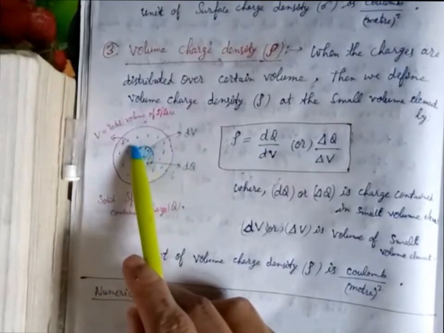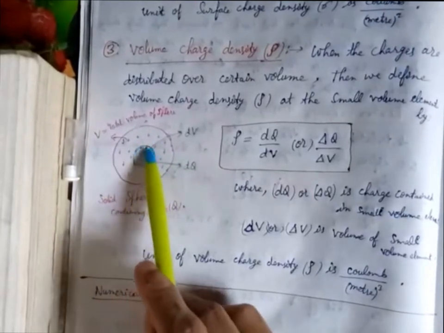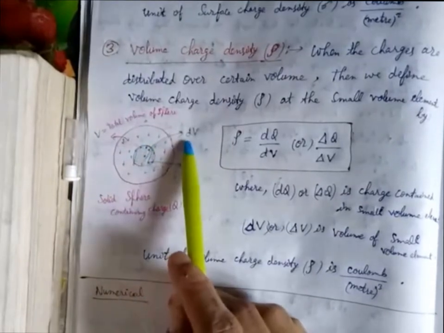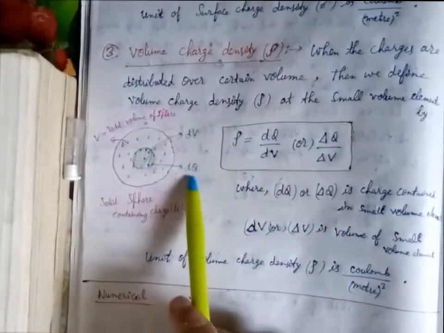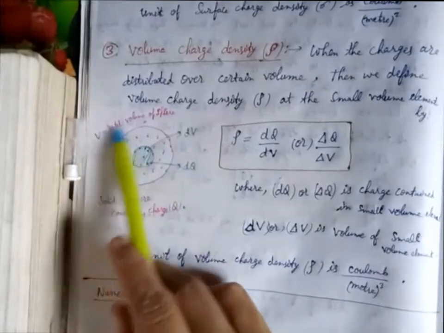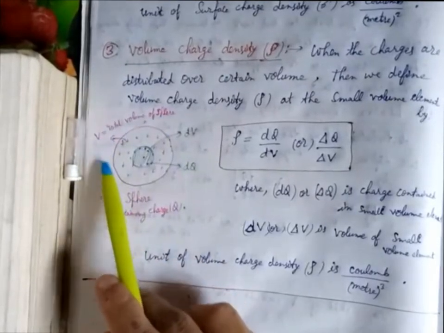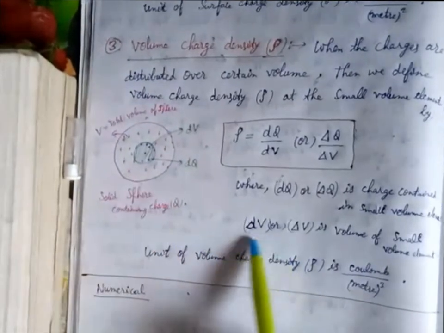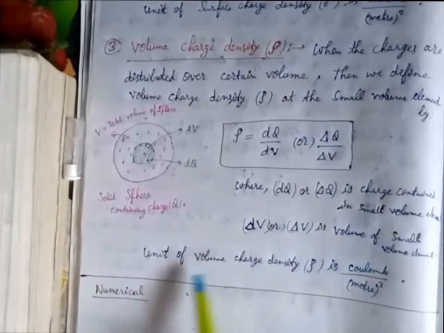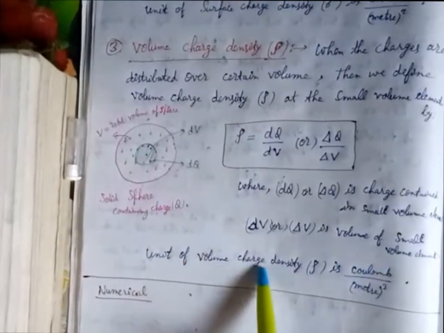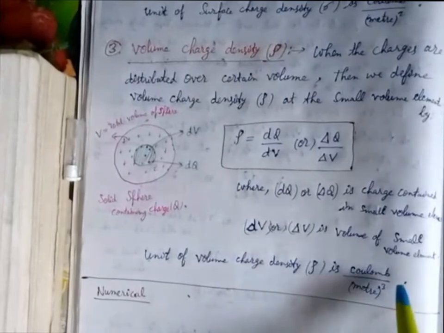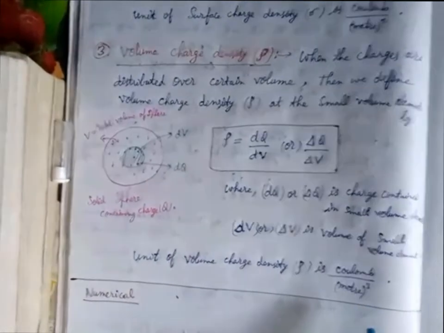Then we take a small element of volume, that is dv, having the charge dq. The total volume of the sphere is v, so this is the small element dv of that volume. The unit of volume charge density will be coulomb per meter cube.